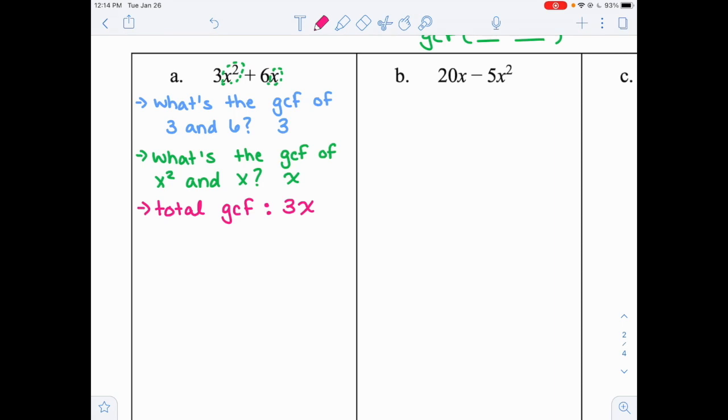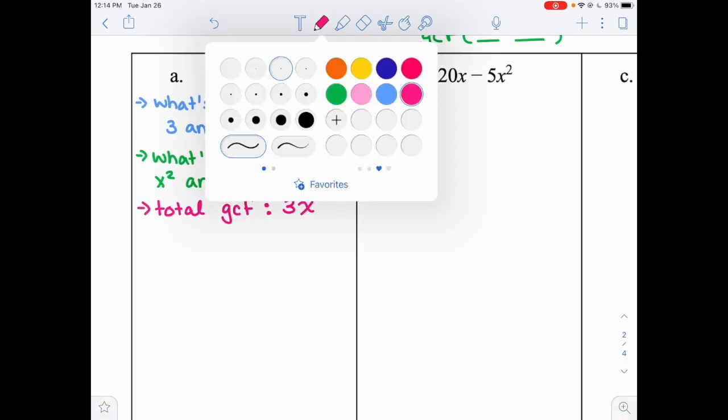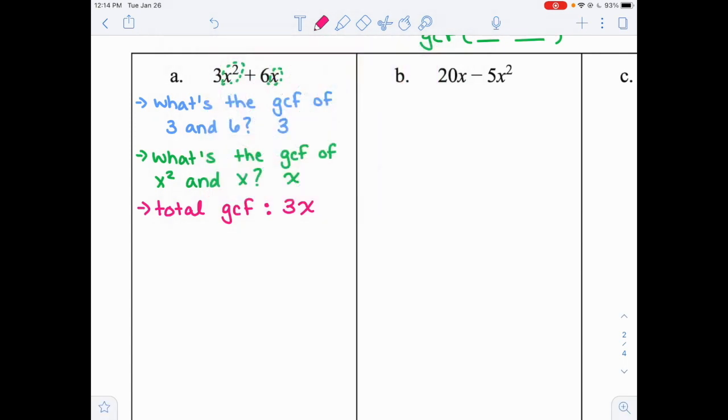And now I'm going to figure out what my factored form is now that I know my GCF. So my original expression is going to turn into 3x times some binomial. And we're going to find out what the binomial is the same way we did before. We're going to say the GCF times something must get us to our first term, because 3x times something should end up at 3x squared.